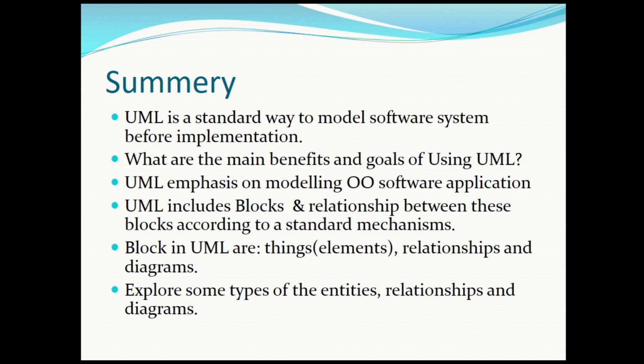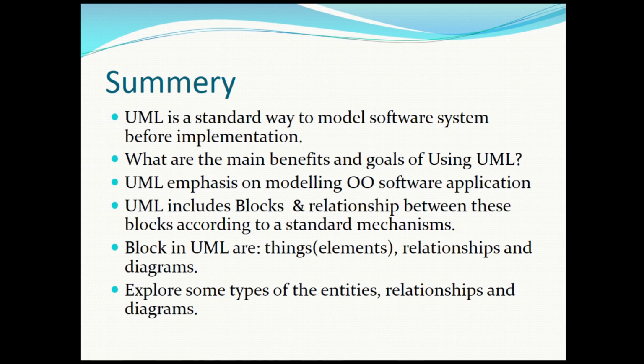As a summary, we have described what UML is, when we said it's a standard way to model any software system when you develop it, before the implementation. And then we also discussed the main goal and the main benefit of the UML. And we said that the UML emphasizes modeling object-oriented software applications.